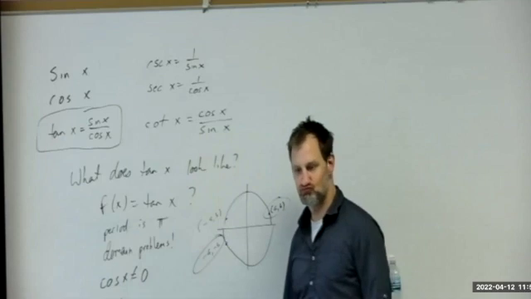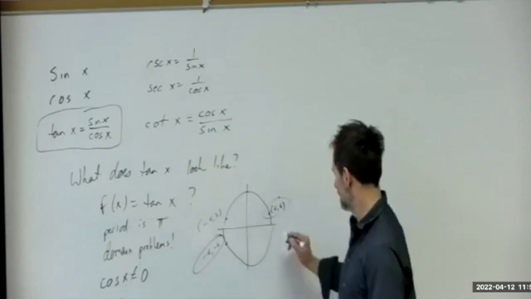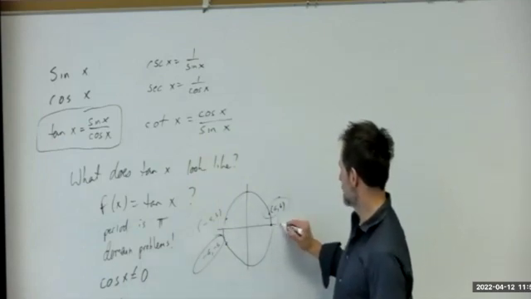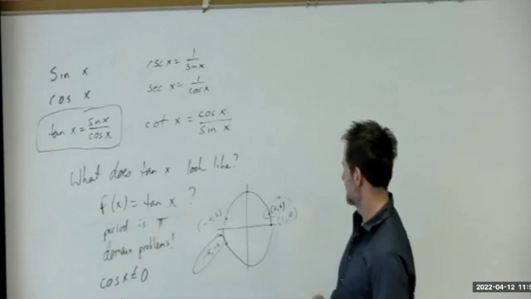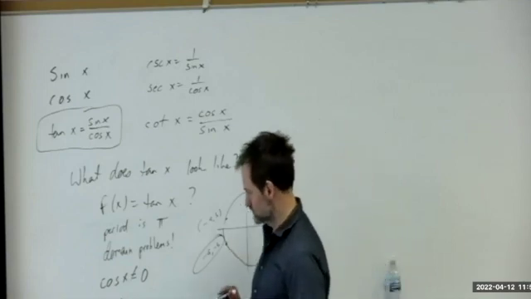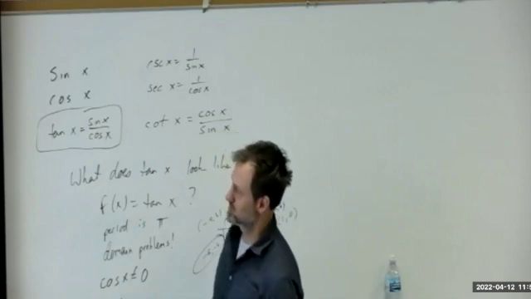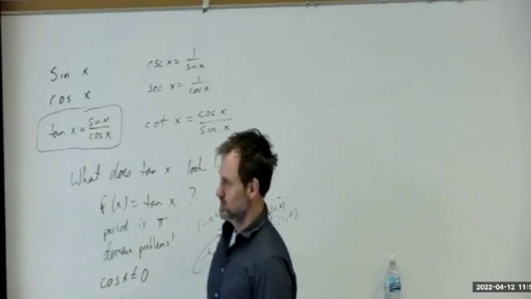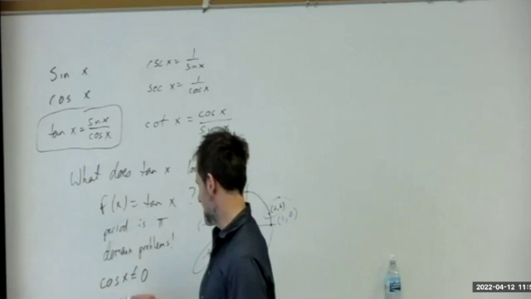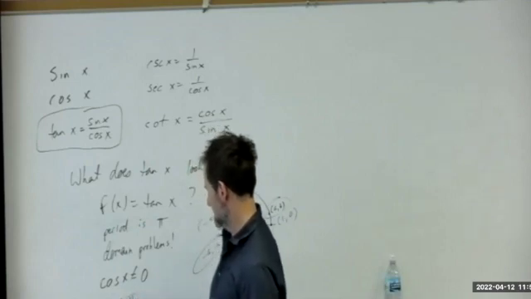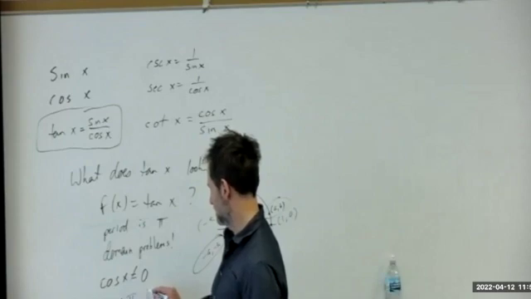At 0? No. Cosine 0 is 1. Oh, so then at 90, it's 0. Yep, talk to me in radians. So pi over 2, that's good. Also at 3 pi over 2.